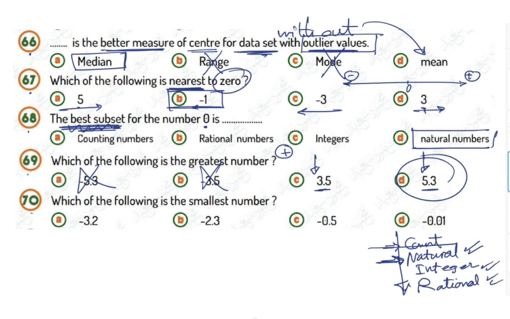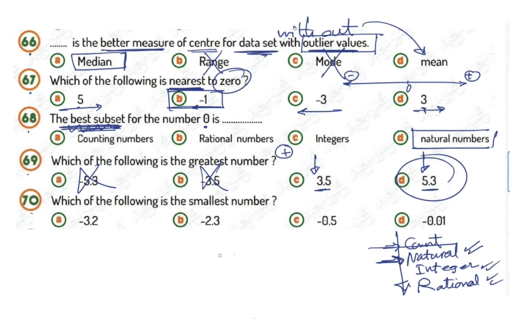Next, 70. Which of the following is the smallest number? That's the opposite operation. All of these choices are negative. Here we choose what? 5, because 5 is greater than 3.